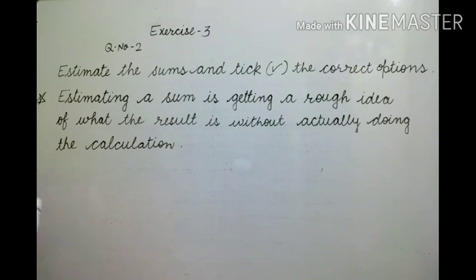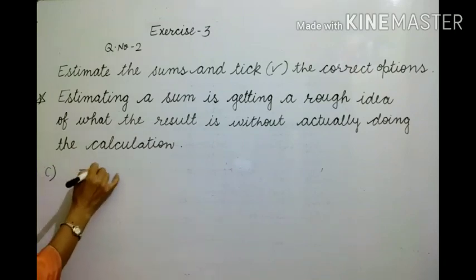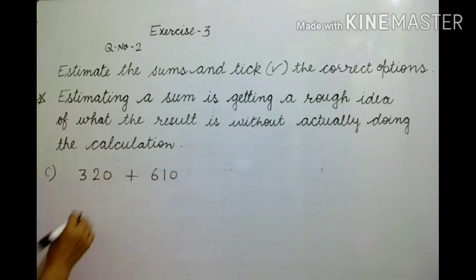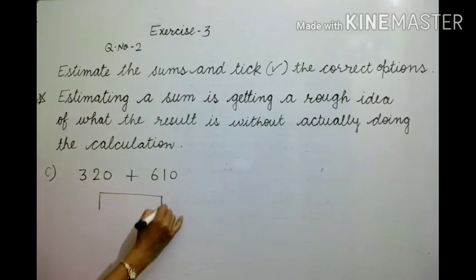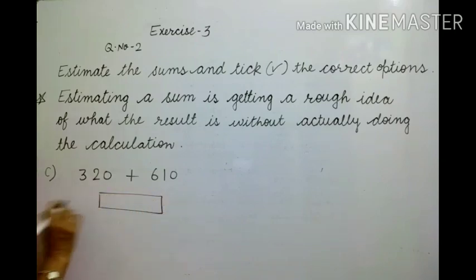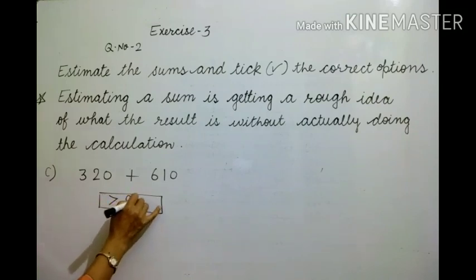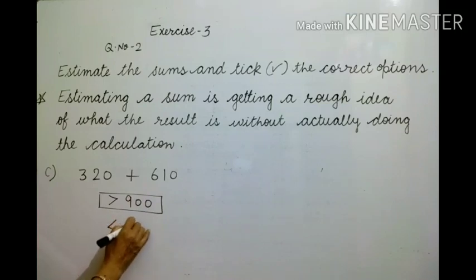Let's take one more example. C part. 320 plus 610. Options are given: greater than 900 or less than 900.